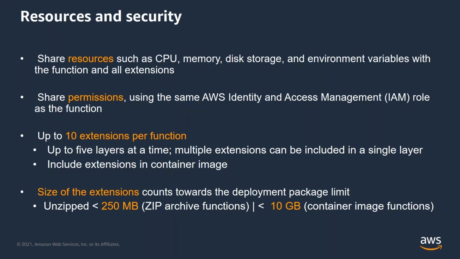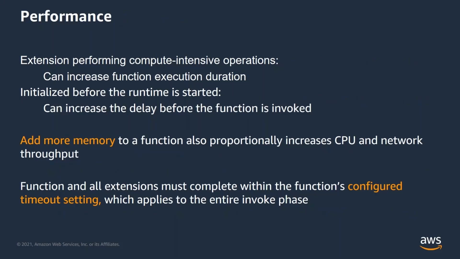This is 10 gig. And looking at performance, there are a few things to bear in mind with extensions. Extensions may impact the performance of your function because they do share resources such as the CPU, memory, and storage with the function. And because extensions are initialized before the function code, for example, if an extension performs some compute-intensive operations, you may see your function's execution duration increase because the extension and the function code share the same CPU resources.